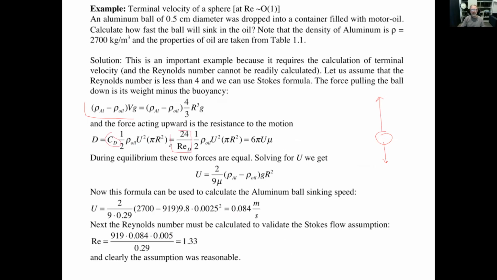Remember, Reynolds is rho, velocity, diameter, which is 2r in this case, divided by mu, and cancel out everything. We end up with 6 pi u mu, where u would be the sinking velocity. So then we take this, it must be equal to that. And then if we solve that, we end up with u equal that. So this is equal to that.